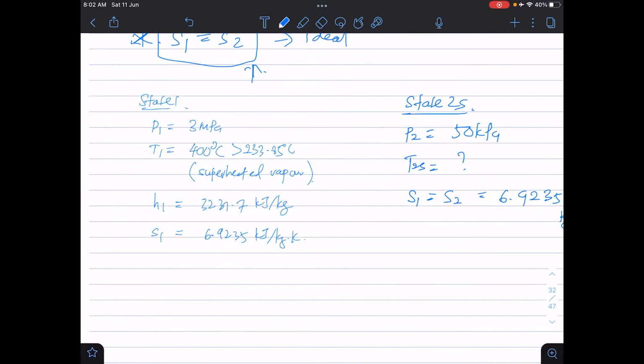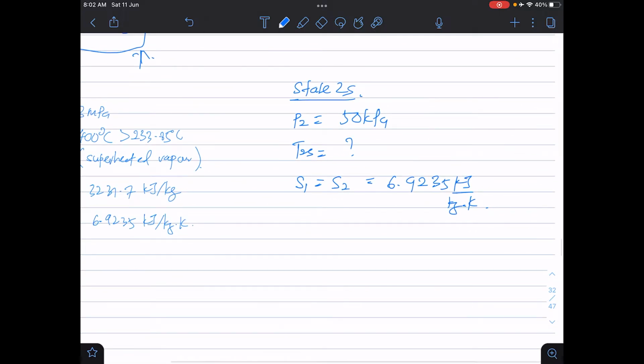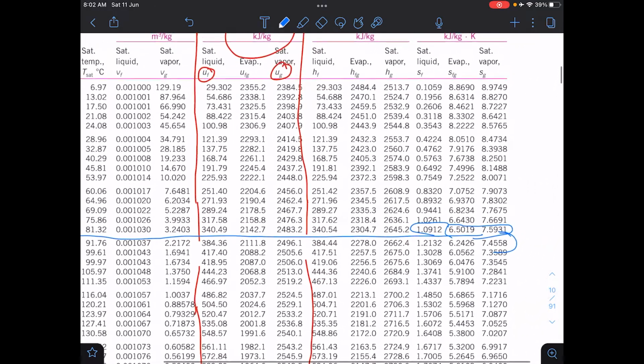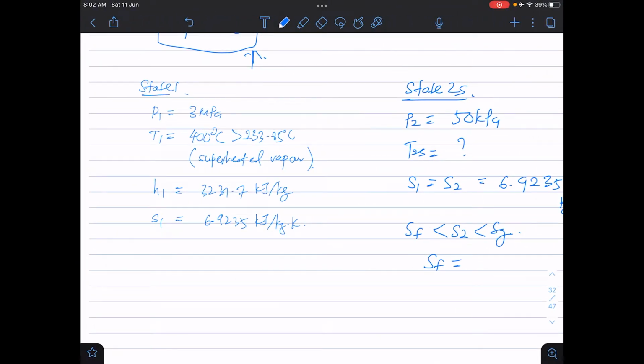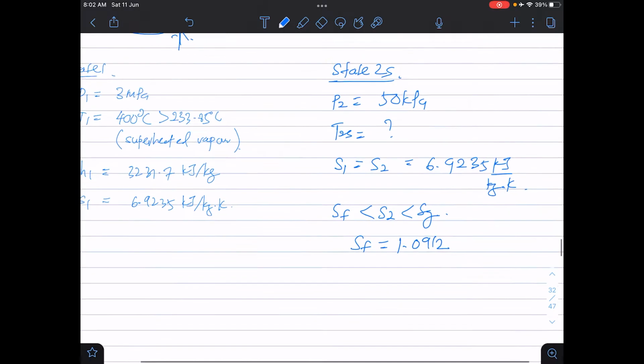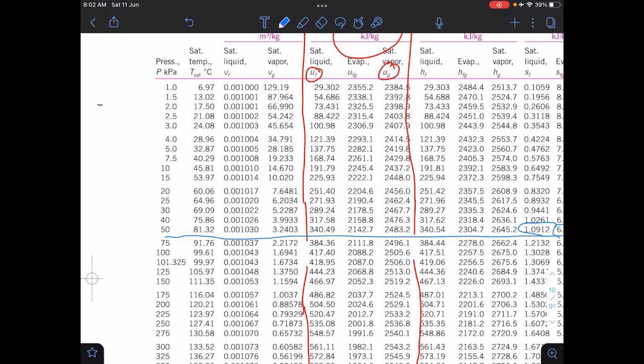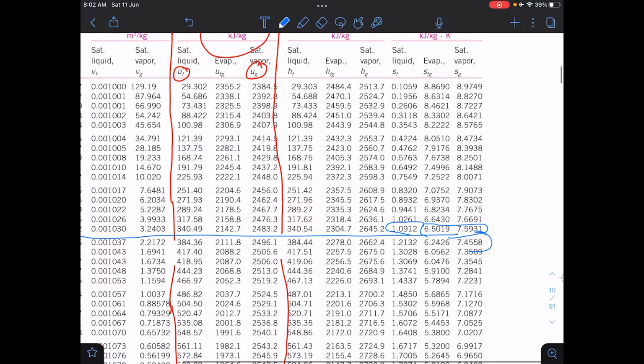This means that our value S2 is between SF and SG. Just put here SF 1.0912, SG 7.5931.